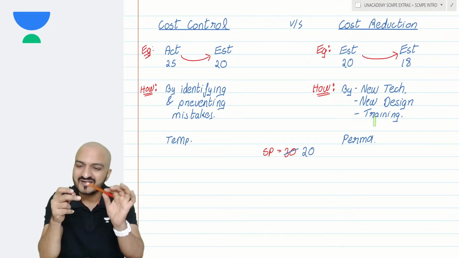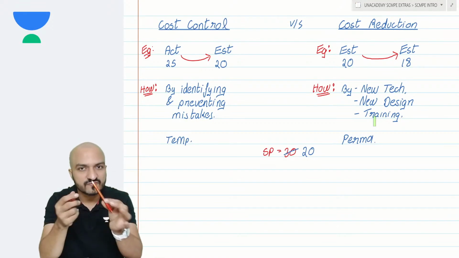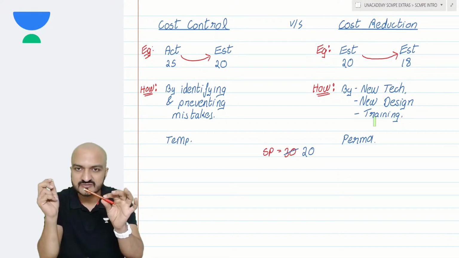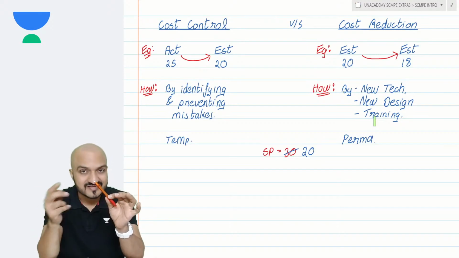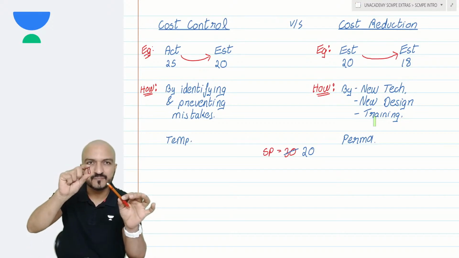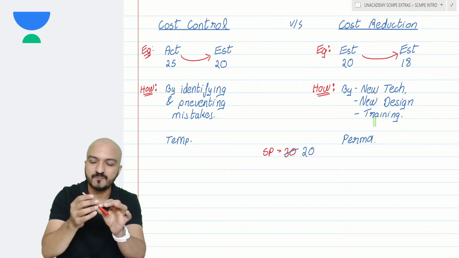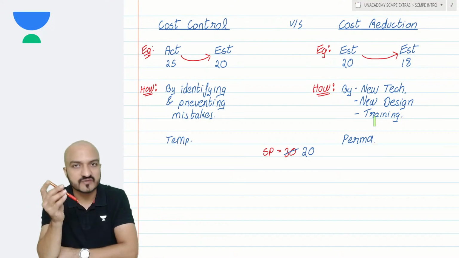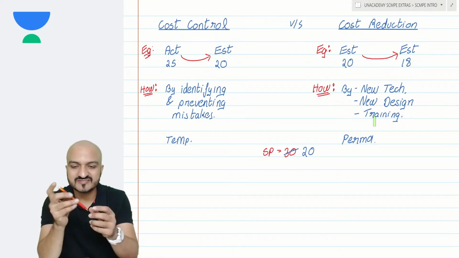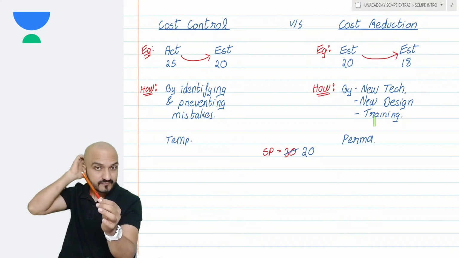So the company changed the design of the product where this eraser was removed. If the eraser is removed, then this cap, if you can see, can also be removed, and the pencil can be made without the eraser and without the cap. Now tell me, this is a change of design.